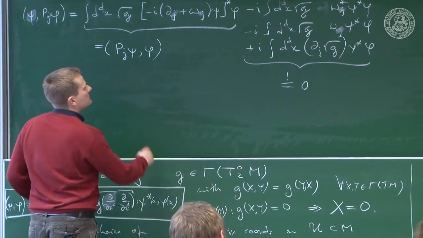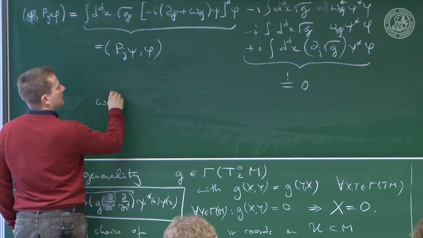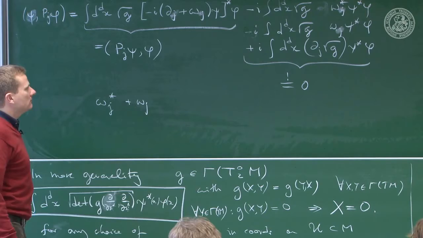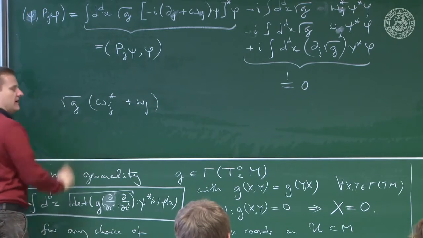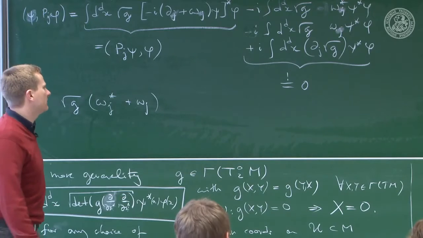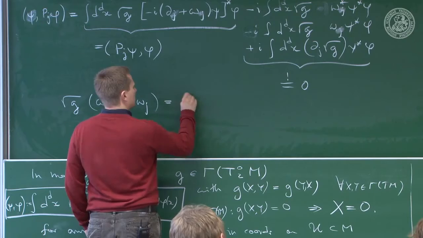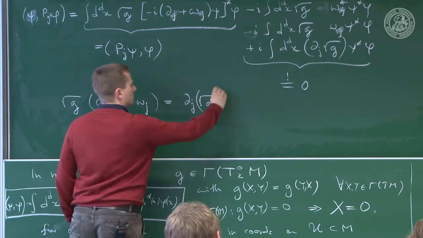Well, we get this by omega j star plus omega j, but both of them still coming with this factor square root of the determinant of g, must be the same as del j of the square root of the determinant of g.